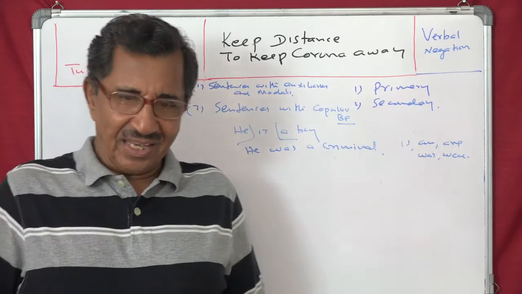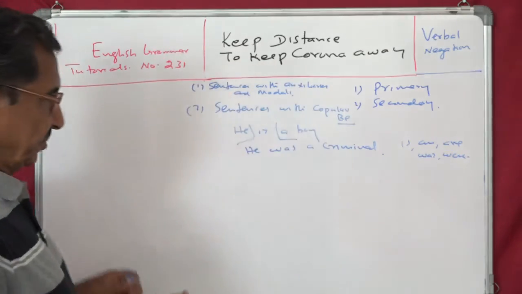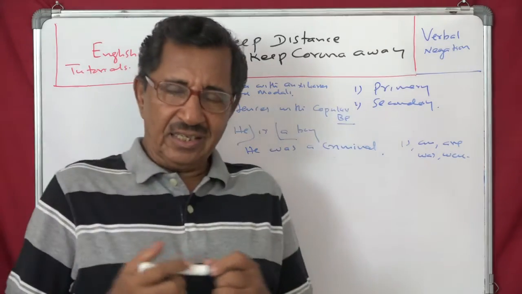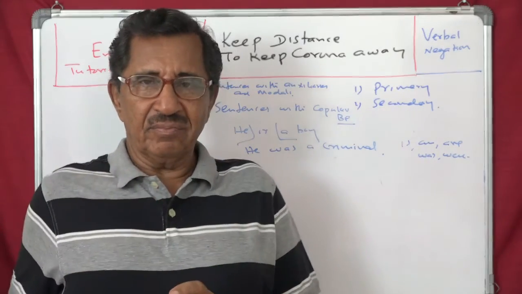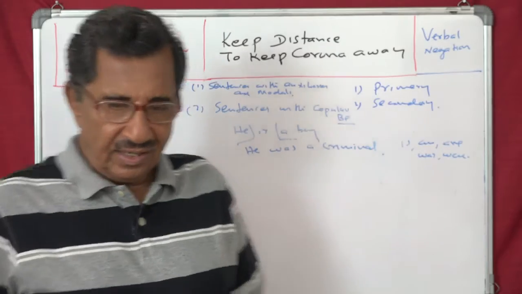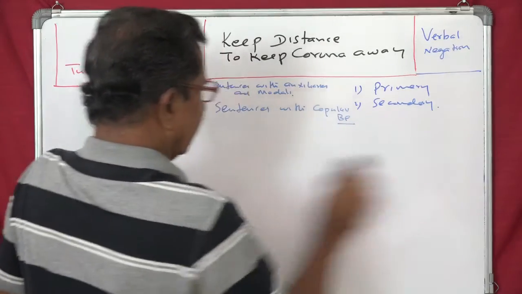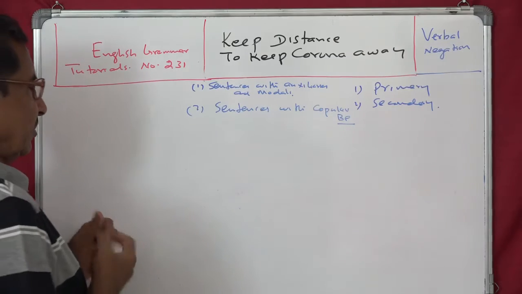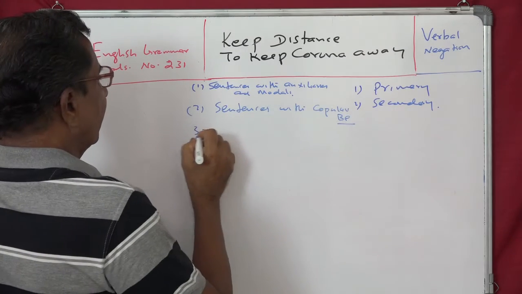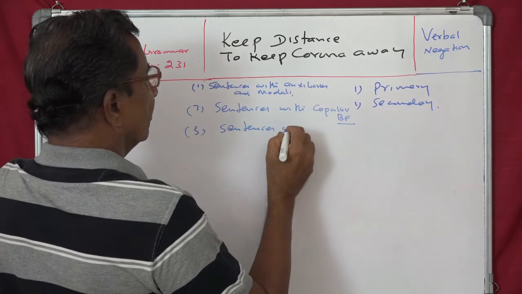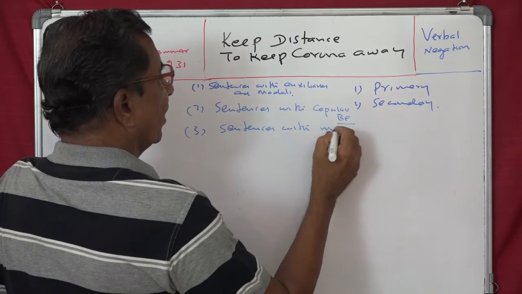Now the third form is sentences with main verbs only: affirmative sentences with only a main verb, no copula, no auxiliary.